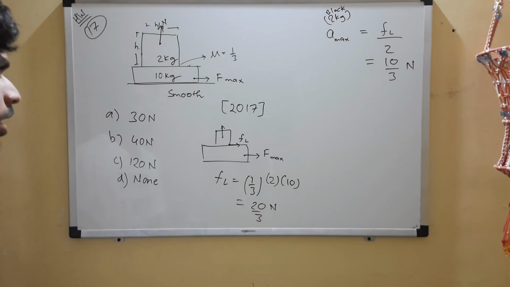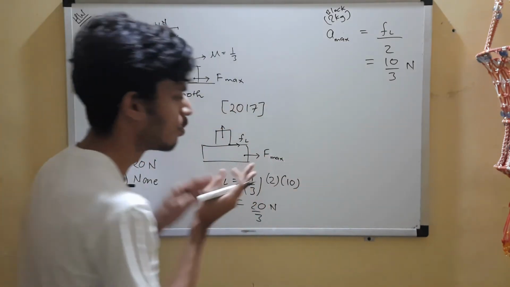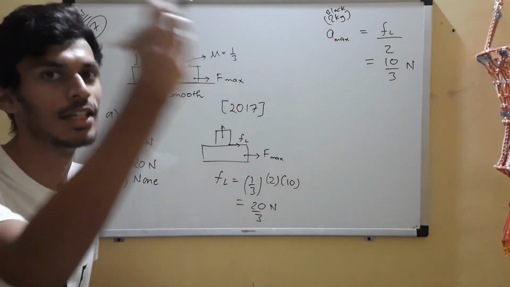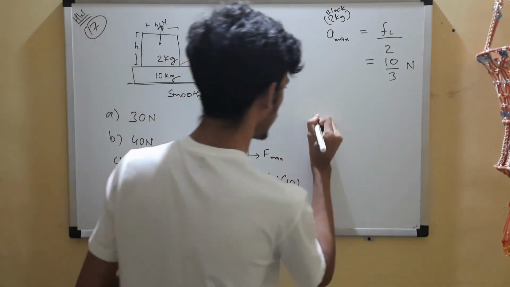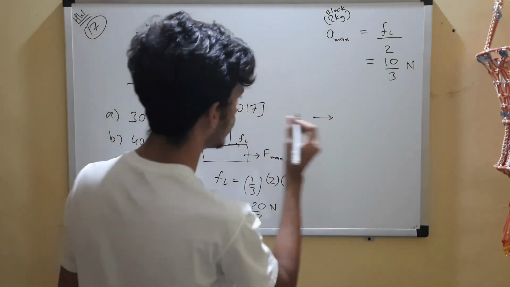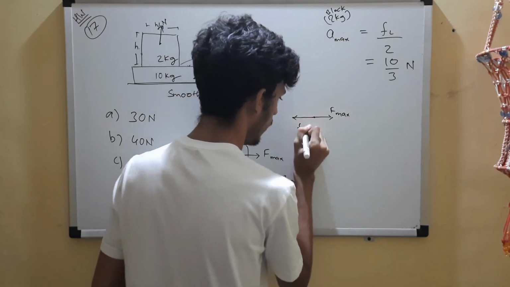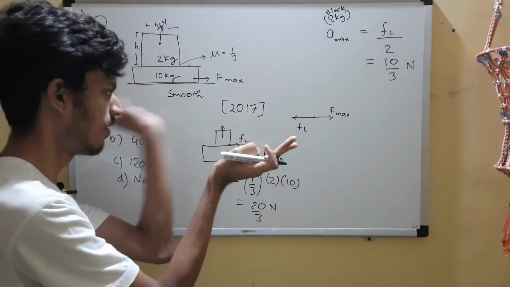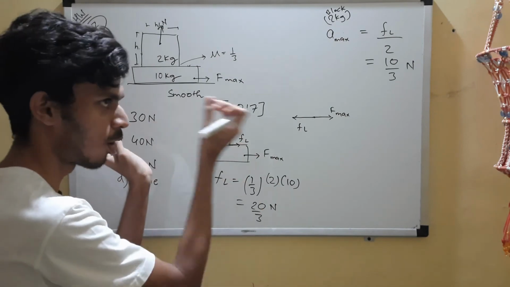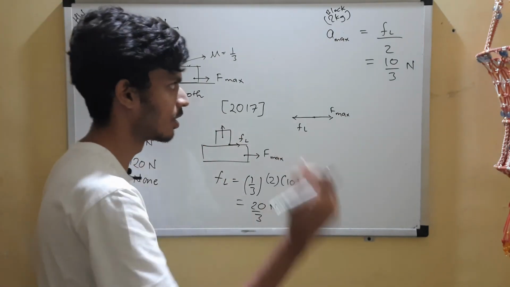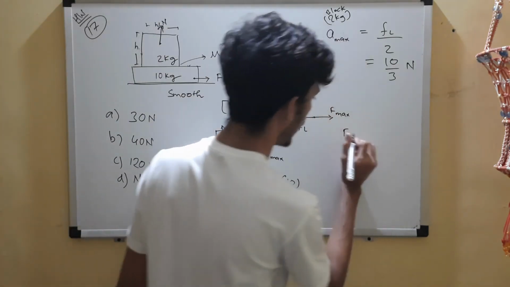Now let's substitute that acceleration. Since both of them move together, both will have the same acceleration. So I'm just drawing the FBD of the second block, the block underneath. So F max minus FL, right? In the opposite direction, there will be some limiting friction due to the block on top. It is opposing relative motion. So you can write F net equals ma.